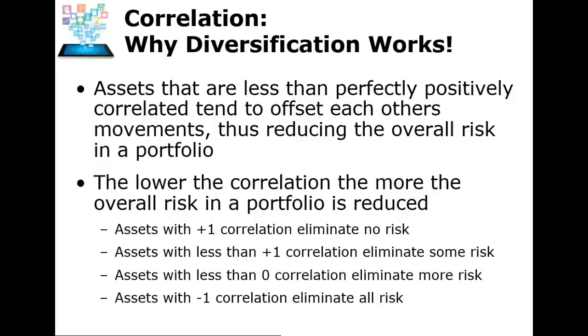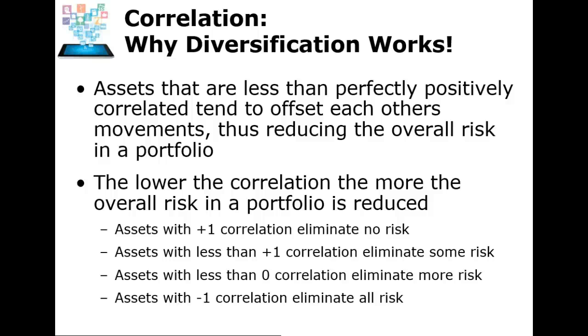Although there are times when they both go up and times when they both go down, there are a lot of times when one goes up and one goes down. So having an energy portfolio that might include solar, wind, oil, natural gas, coal, you could be a little bit more diversified within an energy portfolio.